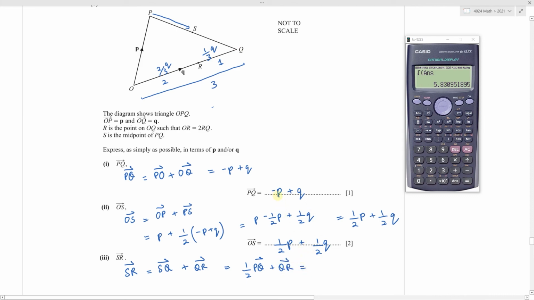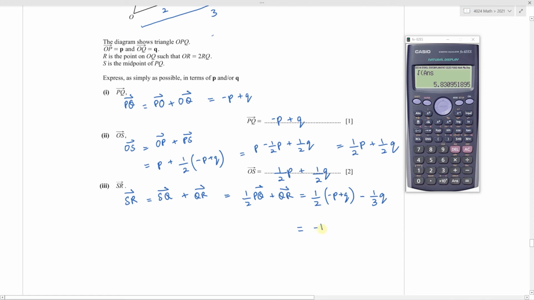So half of PQ is again 1 by 2 of minus P plus Q, plus what is QR? We found out that RQ is 1 by 3 Q in this direction. This was 2 by 3 Q. So in the opposite direction, QR will be negative 1 by 3 Q. So now let's calculate this.